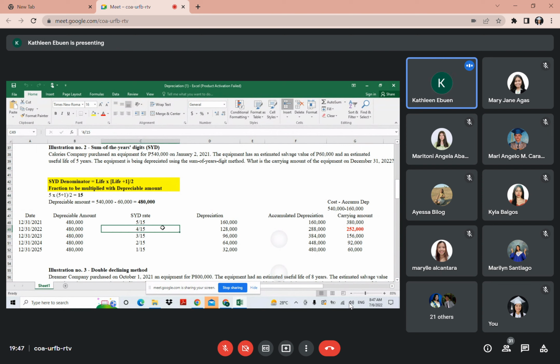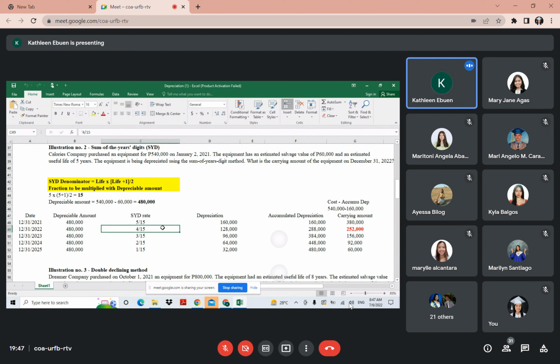So, sa double declining method, double, therefore 200%. So, kapag 150%, ibig sabihin 1.5 over the life. Okay. So, Dreamer Company purchased on October 1, 2021 an equipment for 800,000. The equipment had an estimated useful life of 8 years.